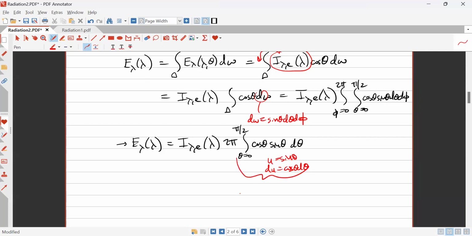So all this together then gets you, so sine of 0 is 0 and sine of pi over 2 is 1. And you get simply u du, which is going to be u squared over 2, evaluated from 0 to 1, which gives you 1/2. So in the end, what you get is pi times I sub lambda e lambda.